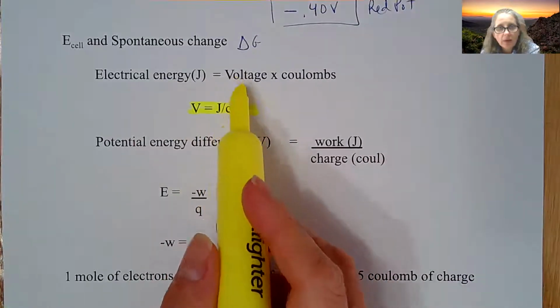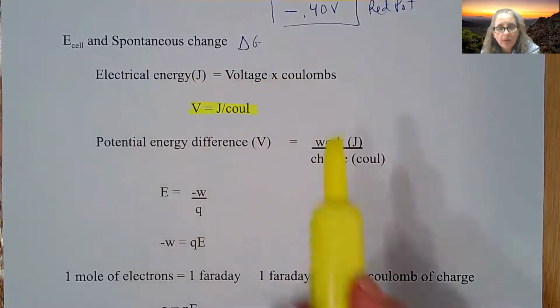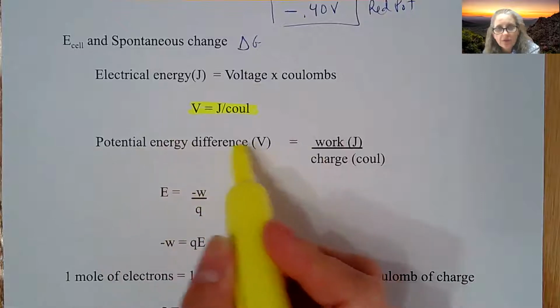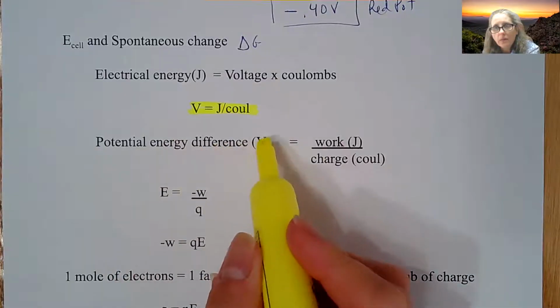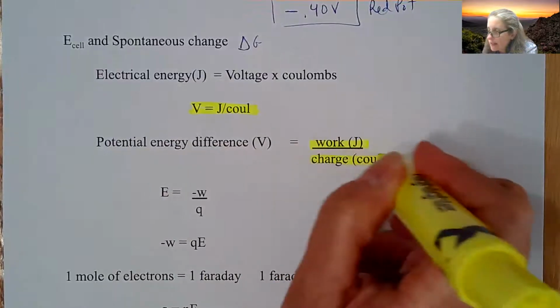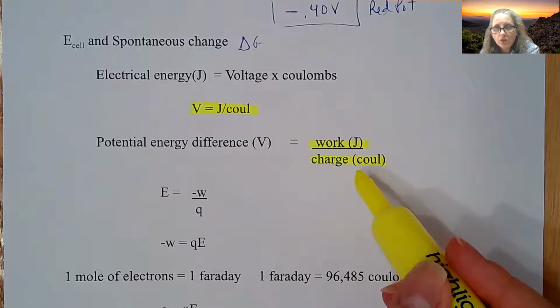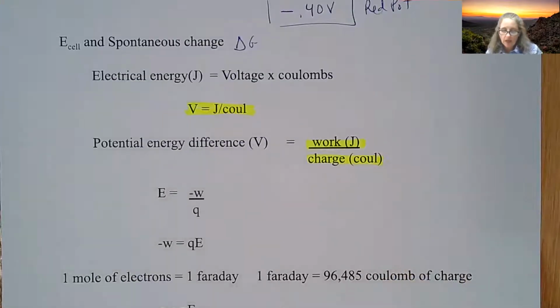So that cancels out the coulomb and you're left with a joule. So the energy difference, or the voltage that we see when we set up these cells, is always a relationship between the work, which is in joules, and the charge, which is in coulombs.